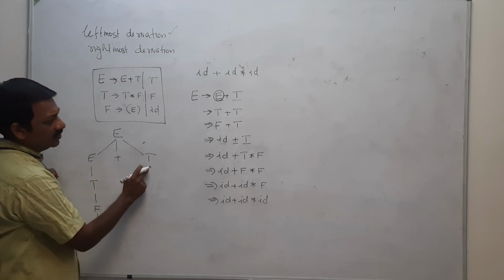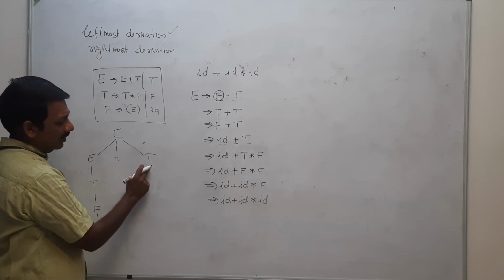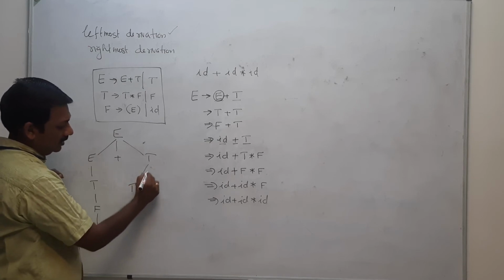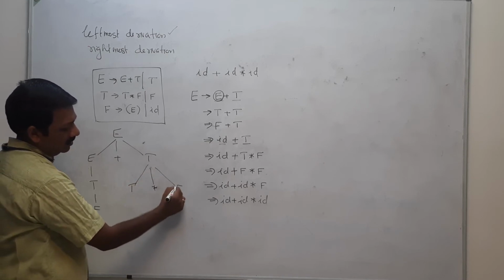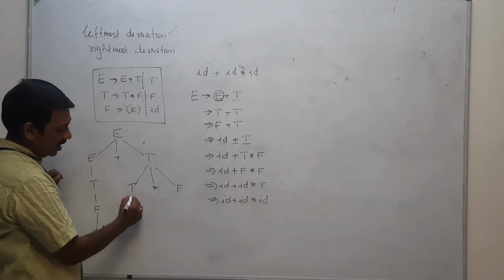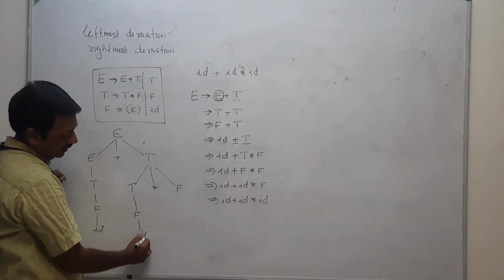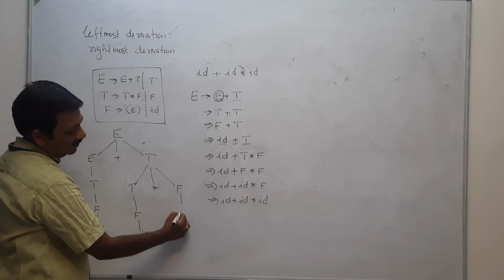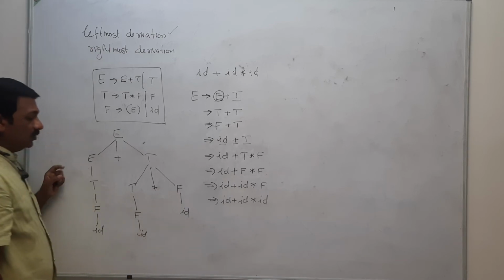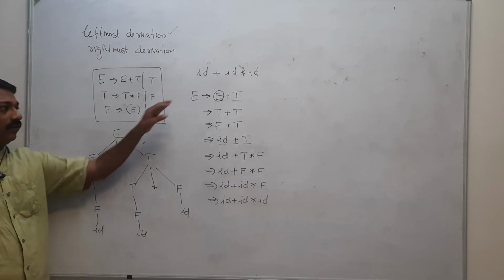Now T is replaced with T star F, and T derives F and F derives id. Now this F is replaced with id. So this is the derivation tree for this.